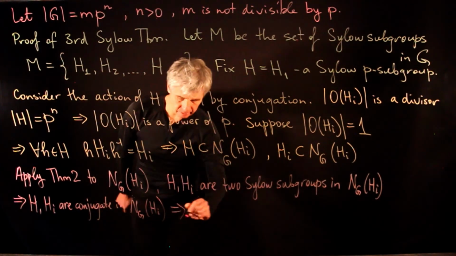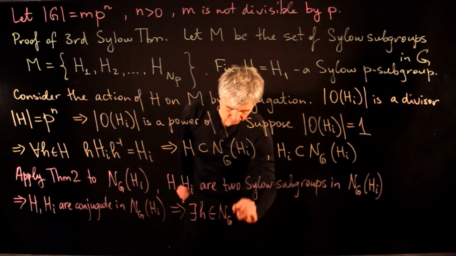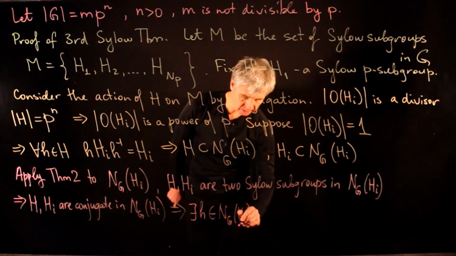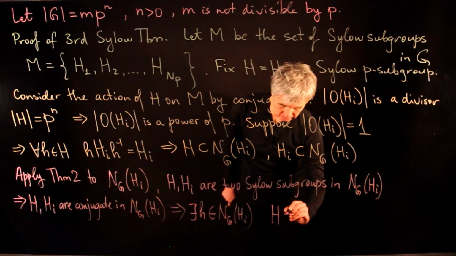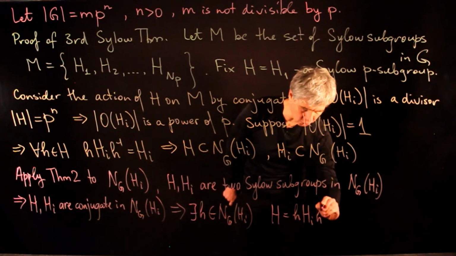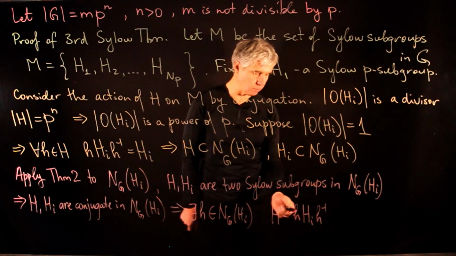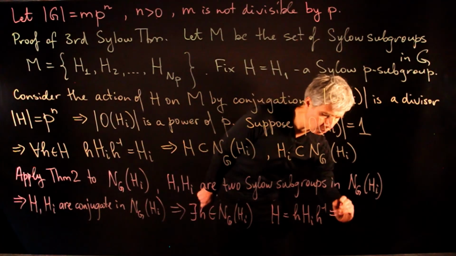So this tells us that there exists an element h in the normalizer of Hi, such that H is equal to h times Hi times h inverse. But the element h is in the normalizer, and the elements of the normalizer do not move Hi.